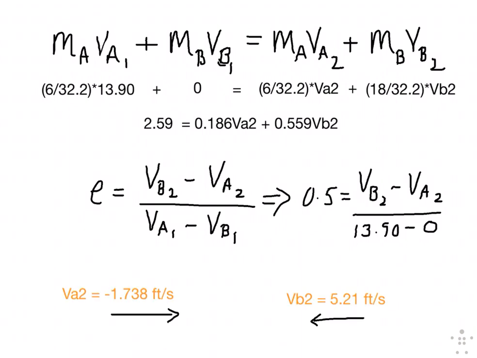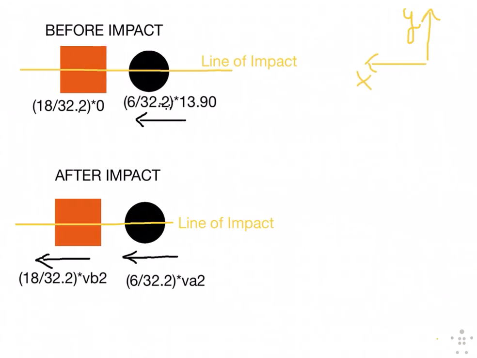So when you work through those two equations with two unknowns, you should solve for V_A2 is a negative 1.738 feet per second, and V_B2 is a positive 5.21 feet per second. Remember, if we go back to our original picture, we showed after impact they were both going in the positive x direction, which was to the left.